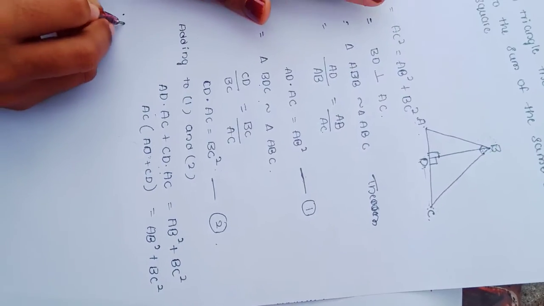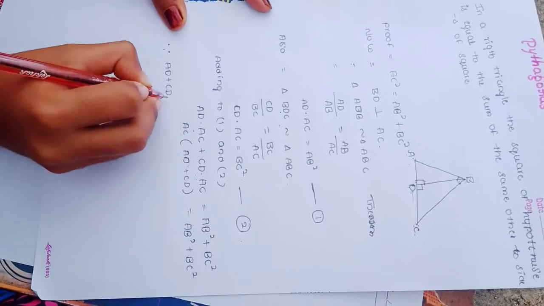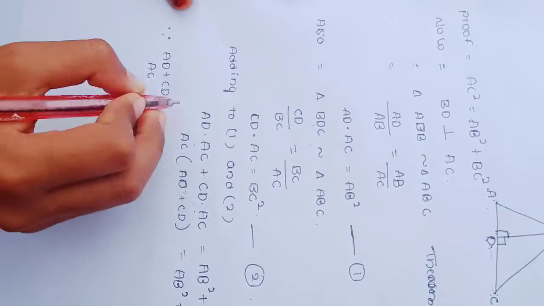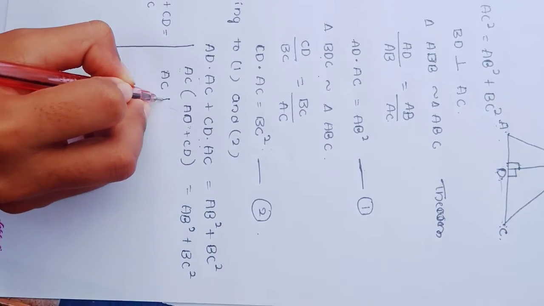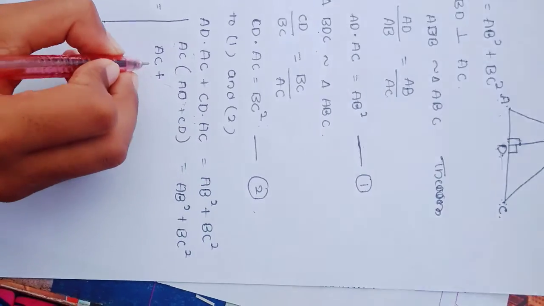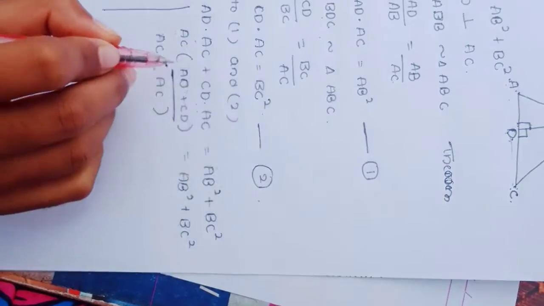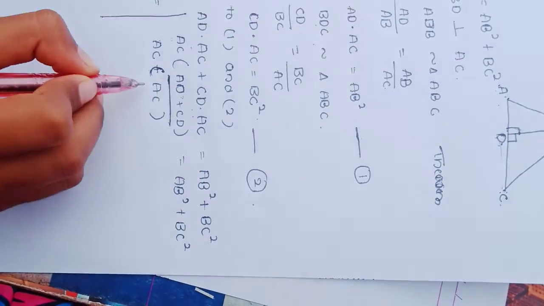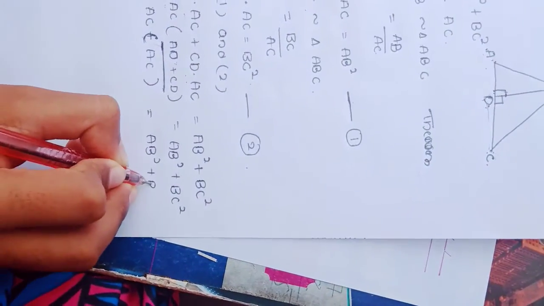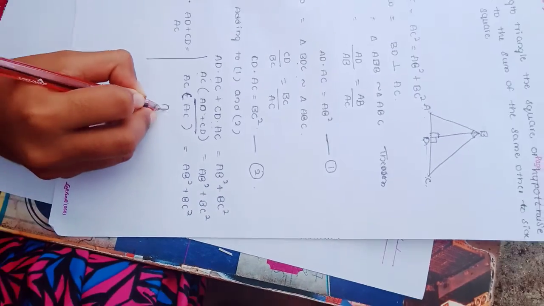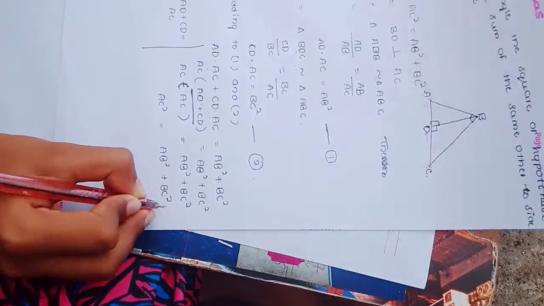Here AD plus CD is equal to AC, so we can write AC into AC, that is AC square, is equal to AB square plus BC square.